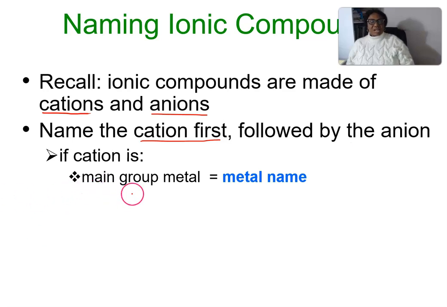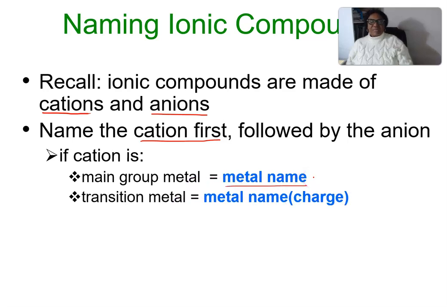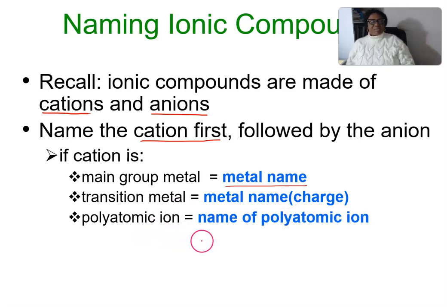For the cation, the main group metal, just the name of the metal. Transition metal, the name of the metal, then the charge in parentheses in Roman numerals. Polyatomic ion, the name of the polyatomic ion.